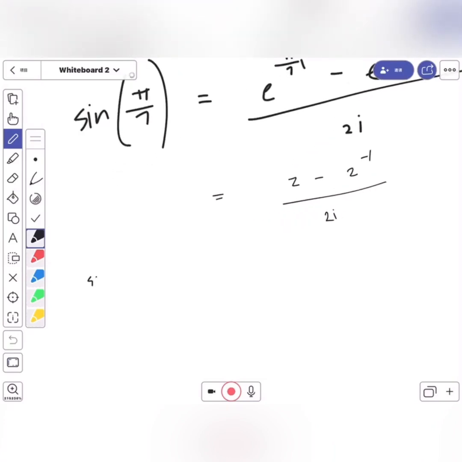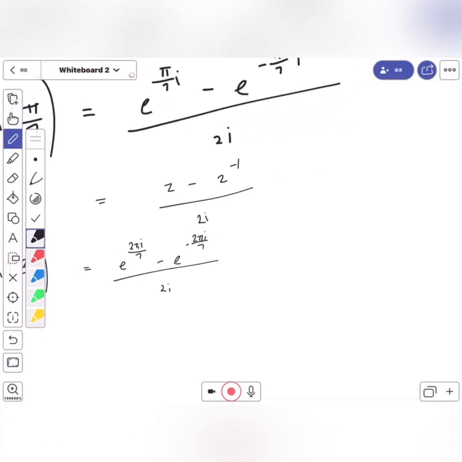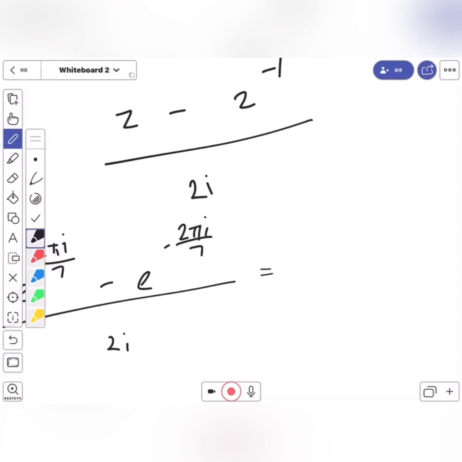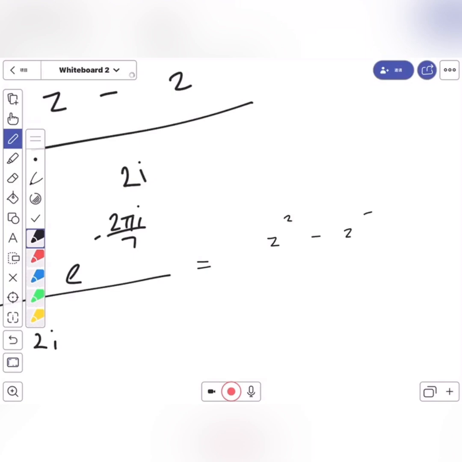Now, sine of 2 pi over 7 is equal to e to the 2 pi i over 7 minus e to the negative 2 pi i over 7, over 2i, which simply gives us z squared minus z to the negative 2 over 2i.